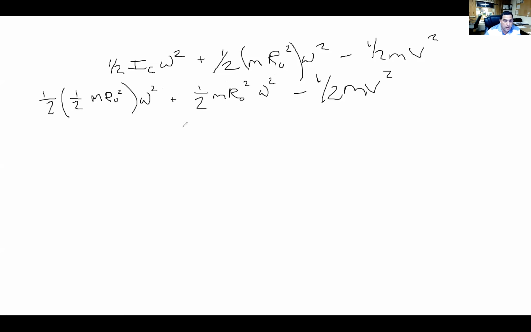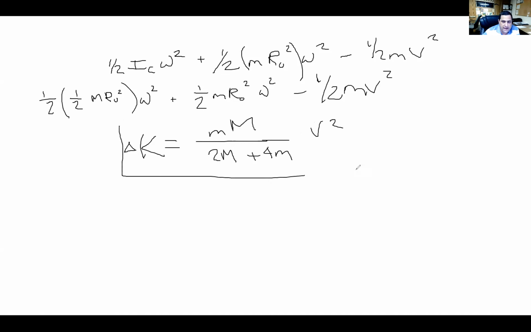So continuing on with the algebra, delta K, change in kinetic energy, mass of the bullet, mass of the cylinder, 2 times the mass of the bullet plus 4 times the mass of the cylinder plus 4 times the mass of the bullet, v squared. This is delta K.